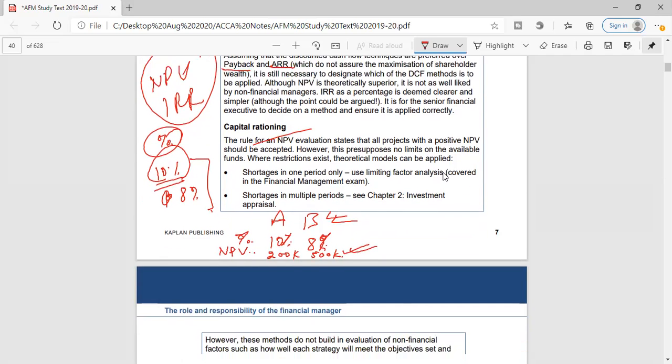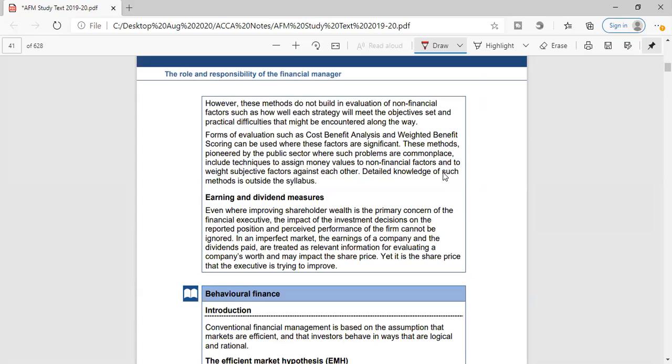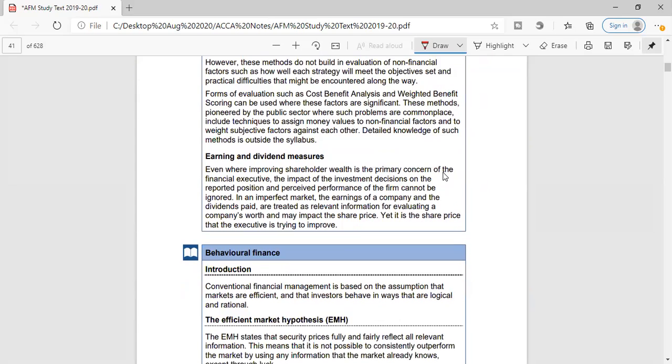Capital rationing, we have talked about already. Other ways the financial manager takes the decisions are cost benefit analysis, CBA, weighted benefit scoring, weighted average benefits if you have multiple projects.